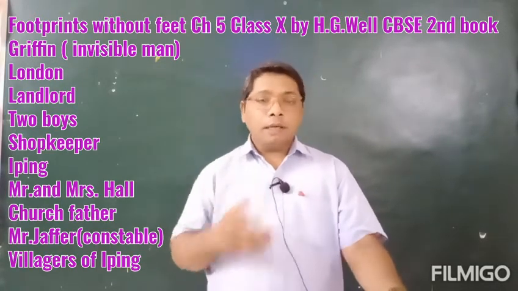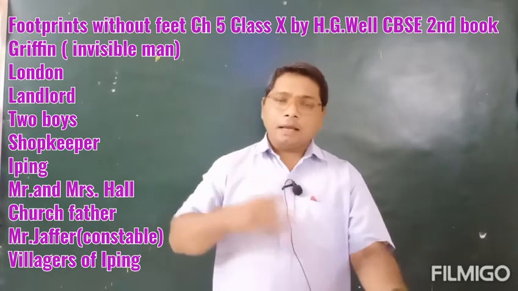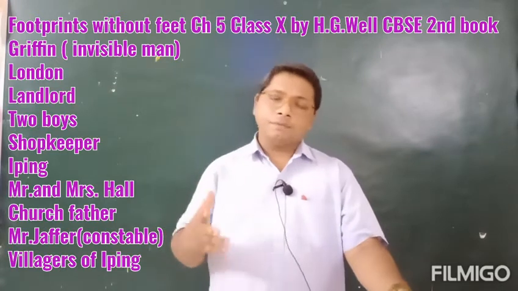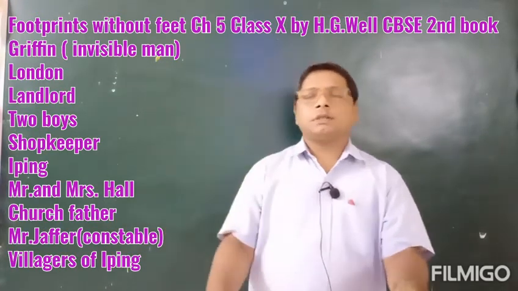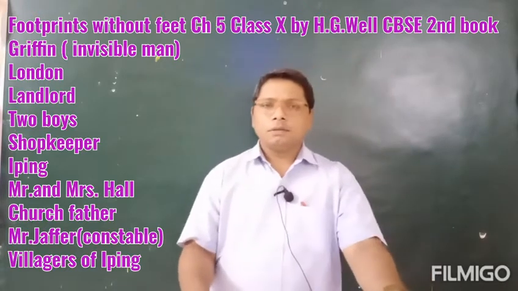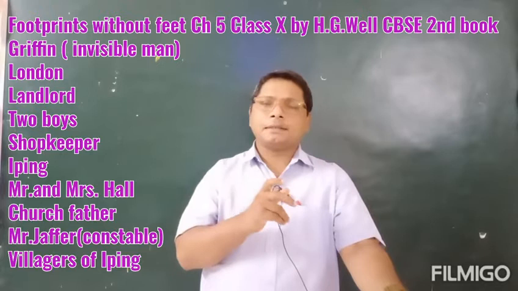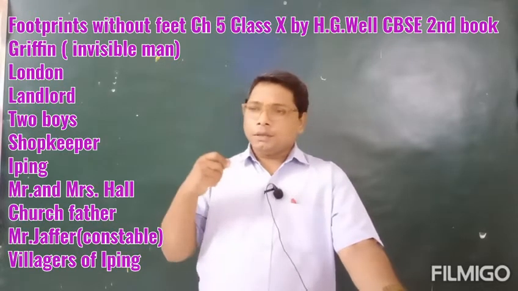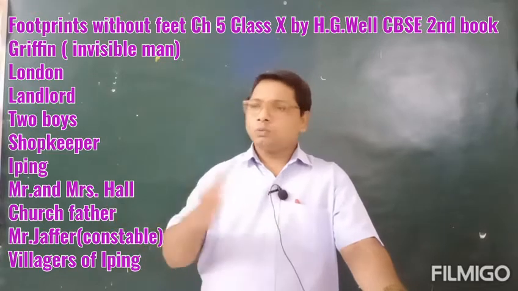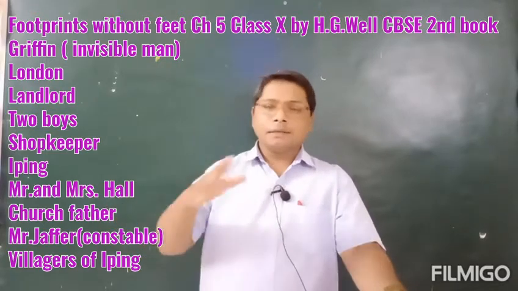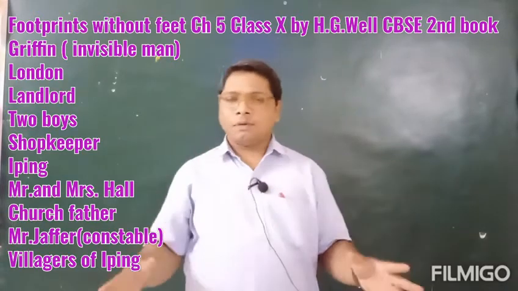If he wears cloth, somebody can see him. If he doesn't wear cloth, there is too much cold. Both are very complicated. Somehow he entered a store and broke the trunk or the boxes where there were clothes.